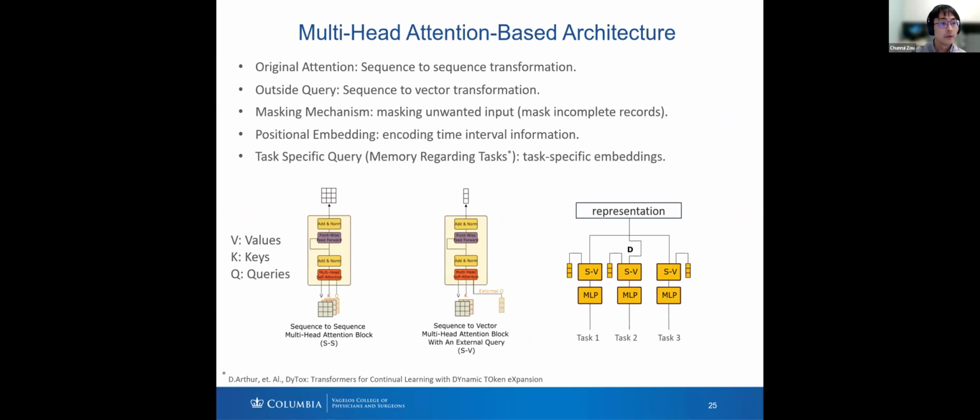If you look at the third item of the list, in the transformer there's a masking mechanism. The mask mechanism can mask the unwanted input. In conventional methods, when there's missing data, the conventional method tends to do imputation, and that brings artifacts.